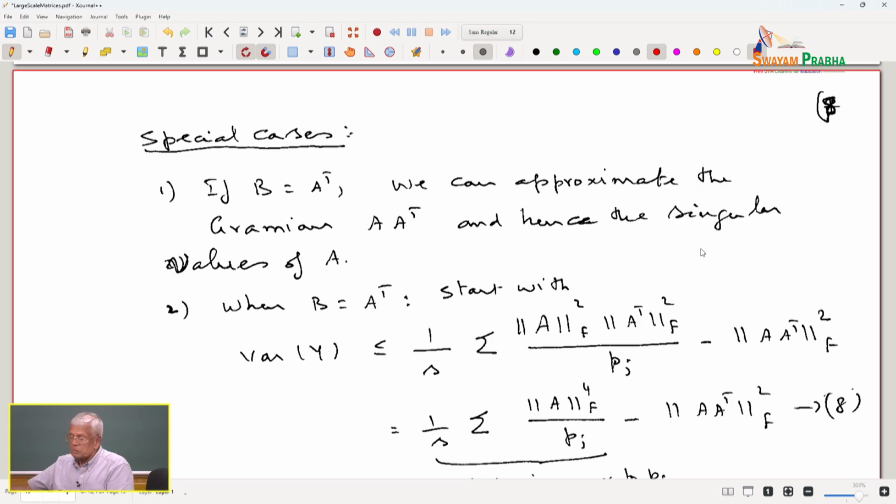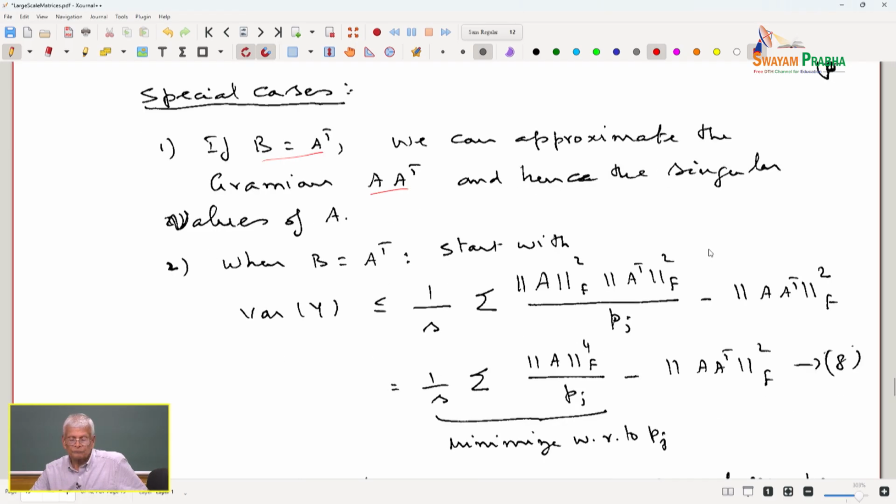I will do one special case. If B is equal to A transpose, we can approximate the Gramian AA transpose. And if we can approximate the Gramian by a low rank approximation, I should be able to compute the eigenvalues and eigenvectors of a low rank approximation faster than the full rank approximation.